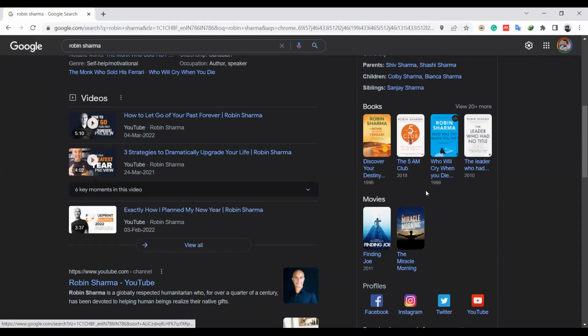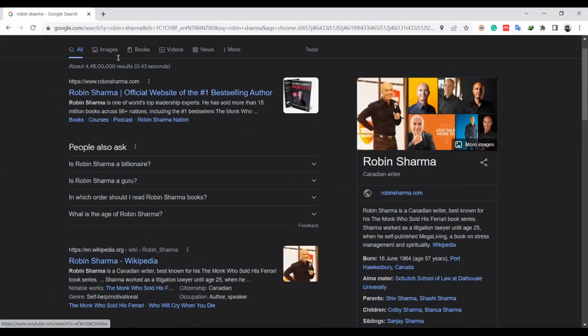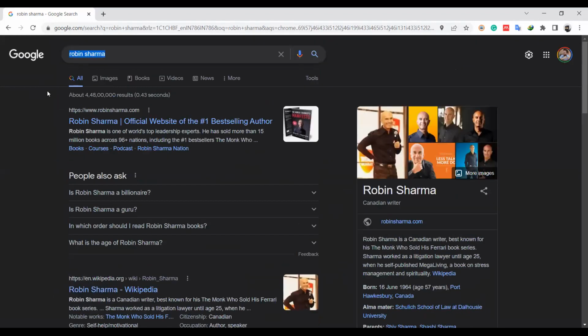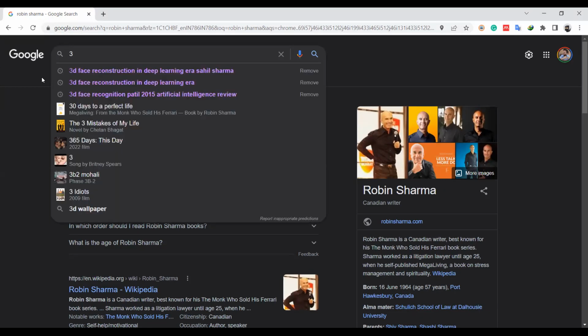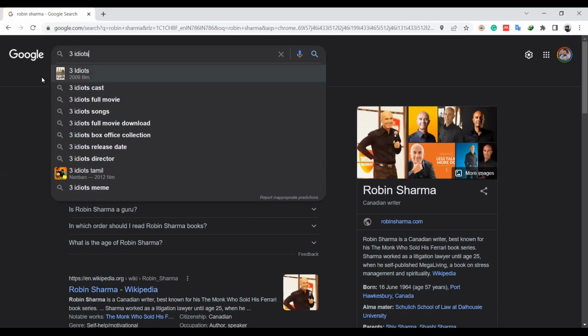For example, I'm unable to recall the name of the writer, but Three Idiots was built over a book by Chetan. So Three Idiots was built from a book, right?